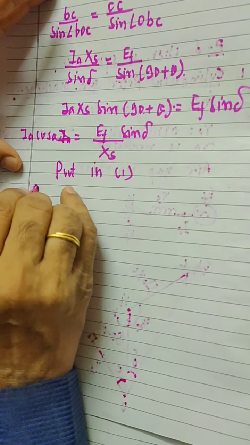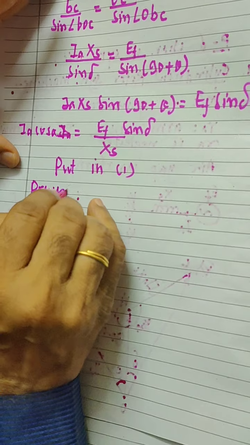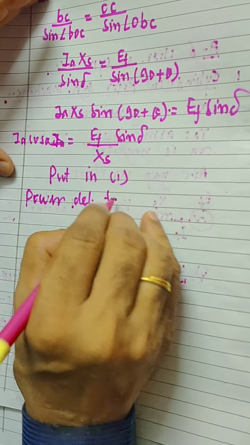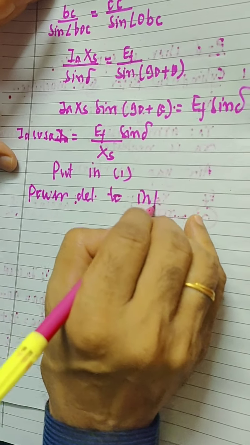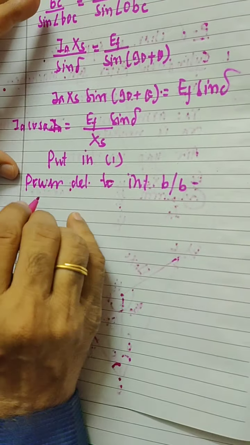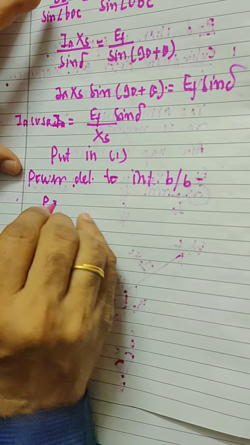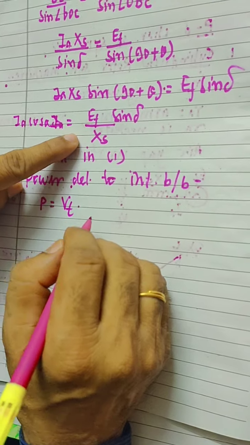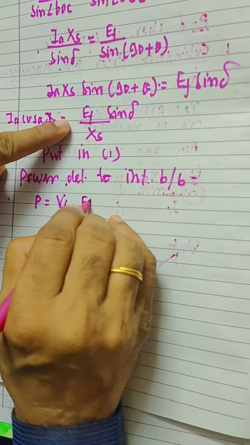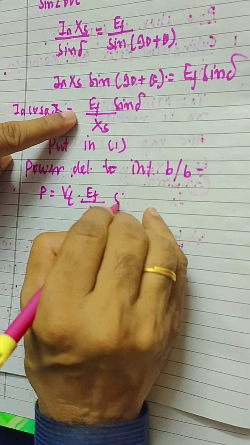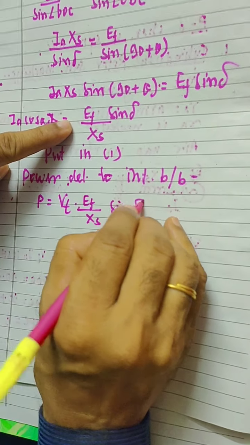Therefore the power delivered to the infinite bus bar is P equals Vt Ia cos theta, which is equal to Ef Vt upon Xs sine of angle delta.